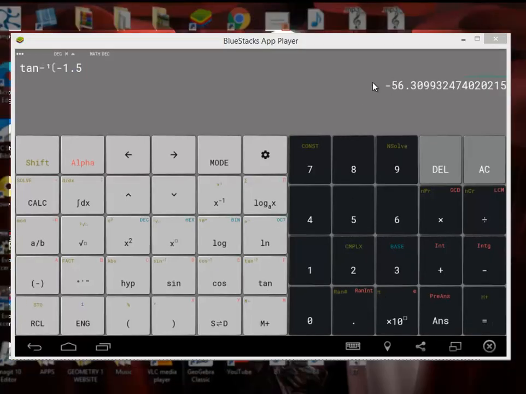The value we had for the first question, the tan inverse of negative 1.5, was negative 56.3. Now this is not the angle we are looking for that it makes with the x-axis. So how do we get our positive angle?